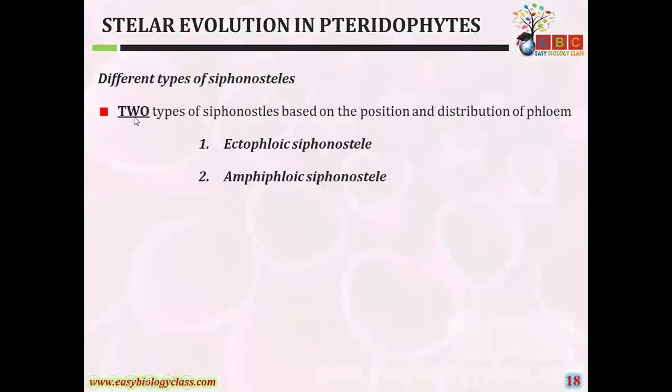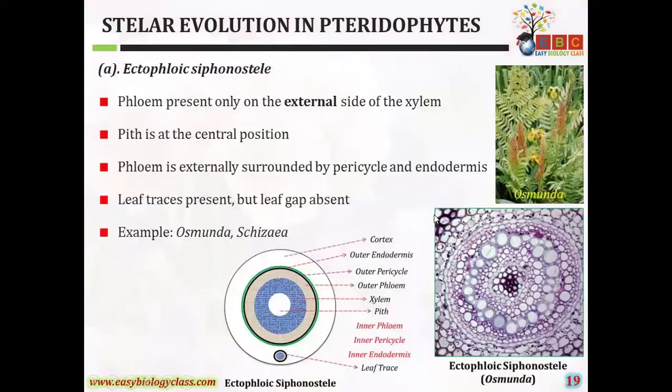Now, there are two different types of siphonosteles. One is called ectophloic siphonostele, and the other is amphiphloic. These two types are based on the position and distribution of the phloem. Here, this is the ectophloic. Already I told you, ecto means outside.